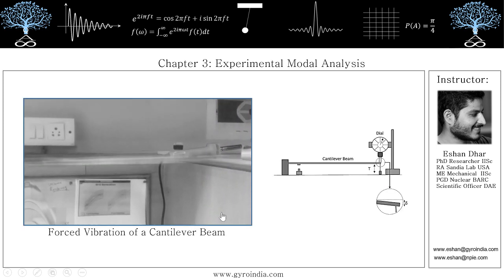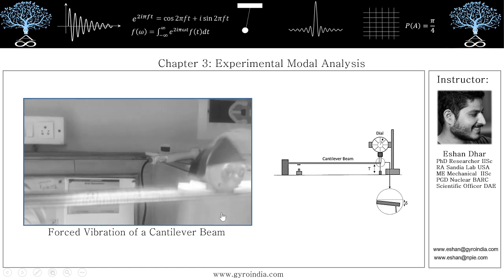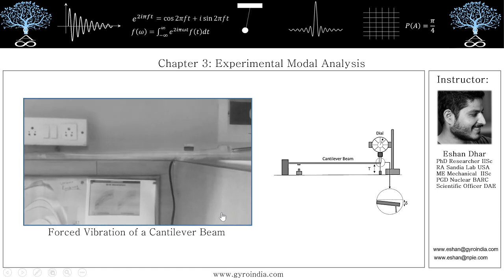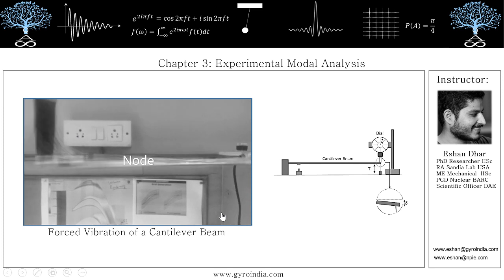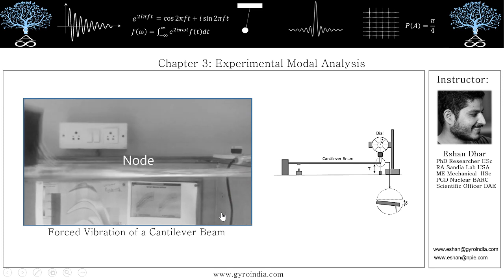In the experimental section of this lecture series, we shall learn about various experimental methods used to ascertain the modal parameters like the mode shape, modal frequency, and damping coefficients.